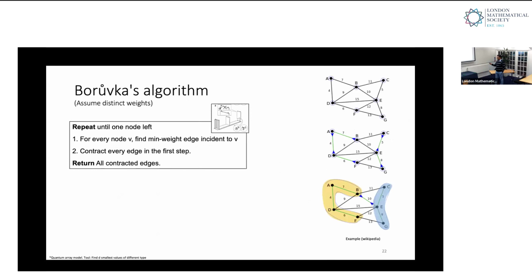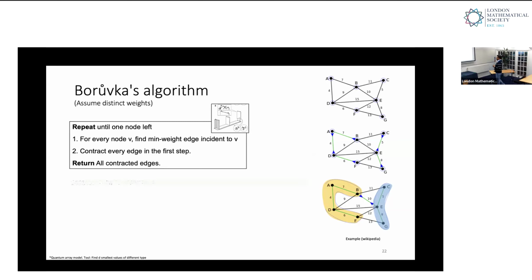Now, amongst them, let's just focus on Borůvka's algorithm. It's an algorithm which works with this instruction manual. So what you do is you pick a node v and you find the minimum weight edge incident on it, for every node v. Once you have done that, you contract those edges and you have super nodes and you keep on doing it.